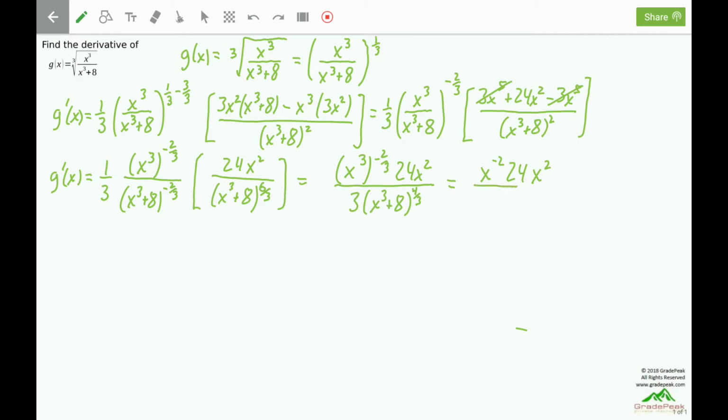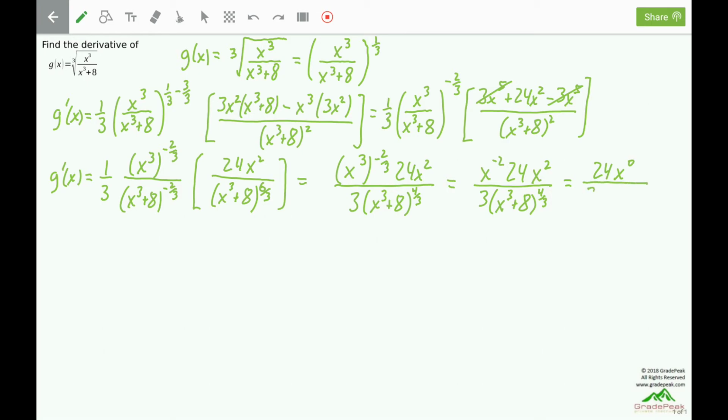Everything's multiplied in that numerator. We still have it over this denominator, but I'll just leave alone. So x to the negative 2 and x to the positive 2, we can put these together, and that'll become x to the 0. Well, x to the 0 is a 1. And therefore, they will cancel each other out to a 1. I'll just write it as x to the 0 right now.